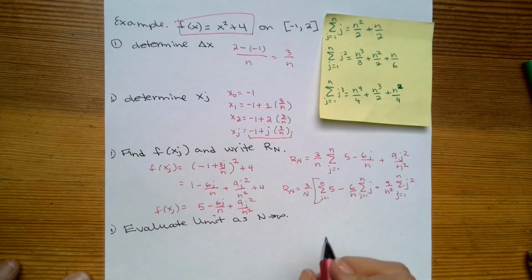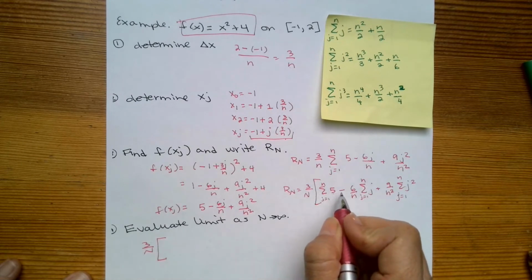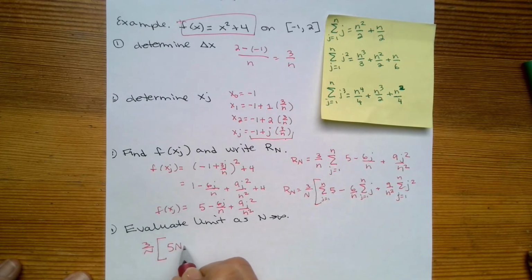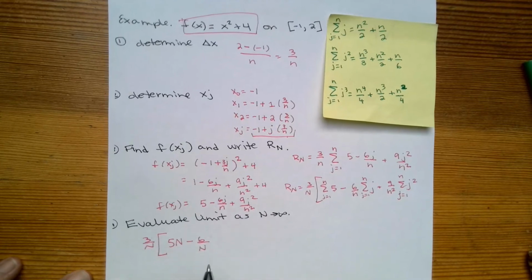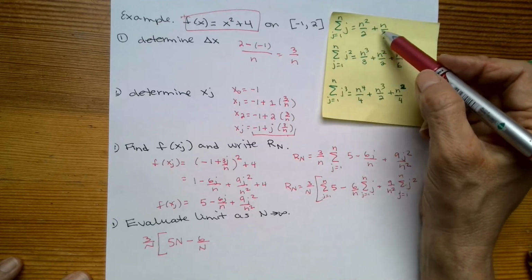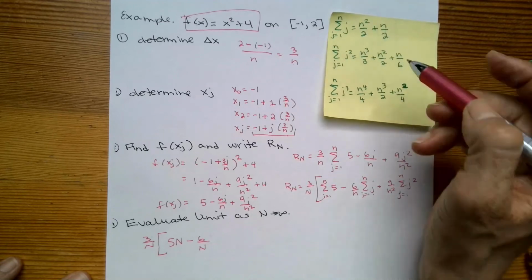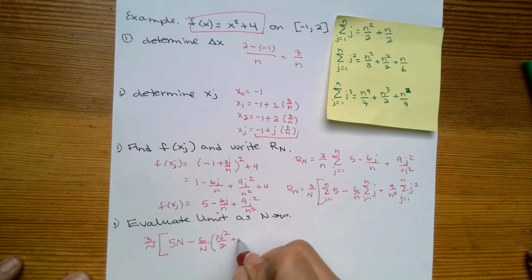So R sub n. We have 3 over n times 5n for my first sum, minus 6 over n, and then the sum of j's from 1 to n equals n squared over 2 plus n over 2.